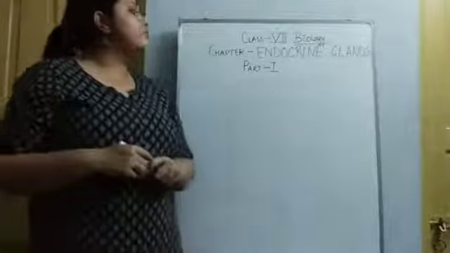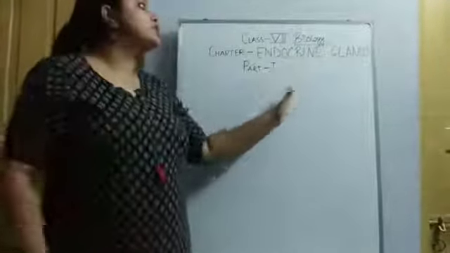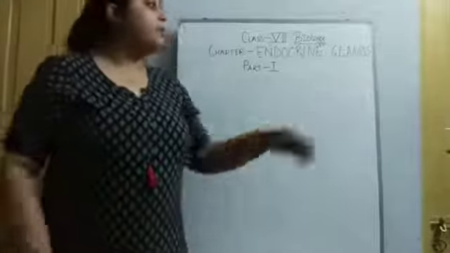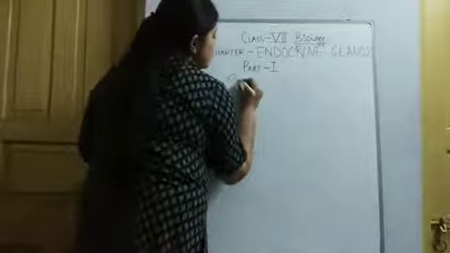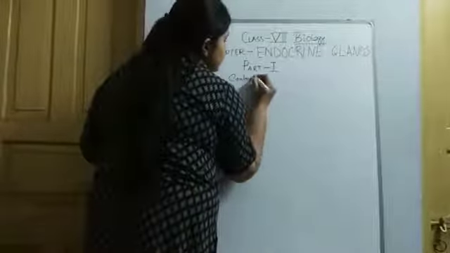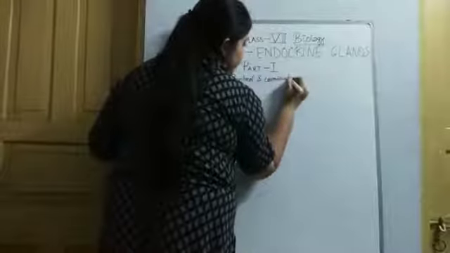Okay, so for the very first we have to know what the endocrine glands are, and what the function of these endocrine glands is. The main function of the endocrine glands is control and coordination.